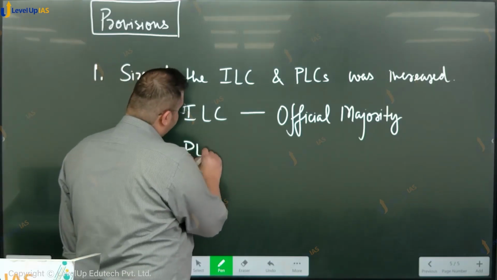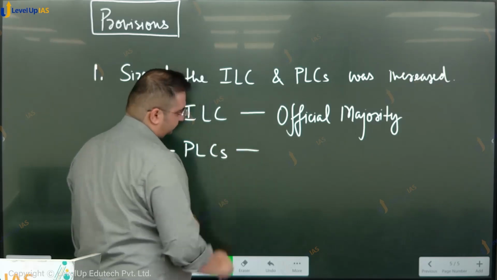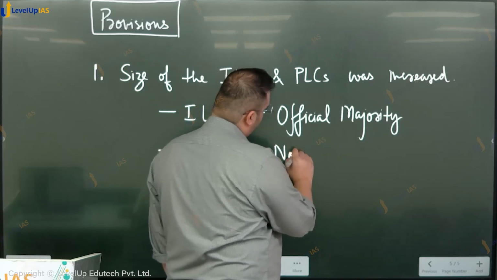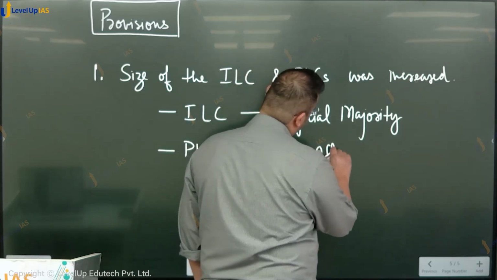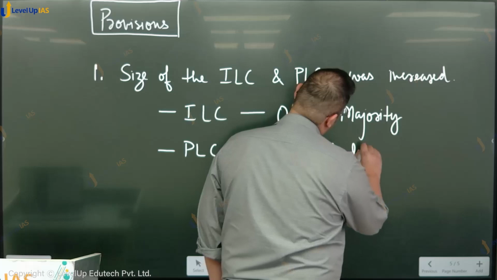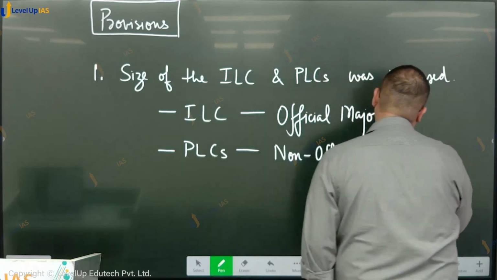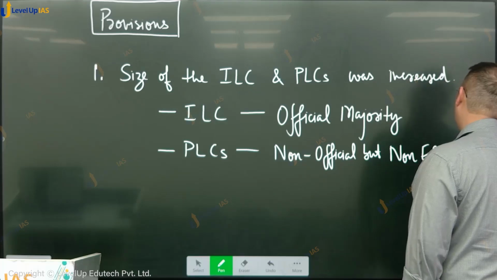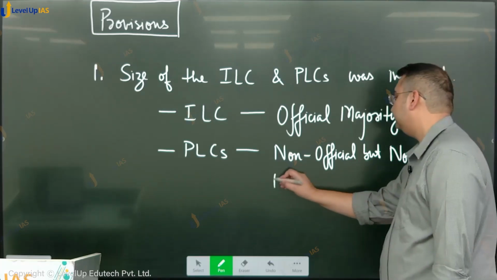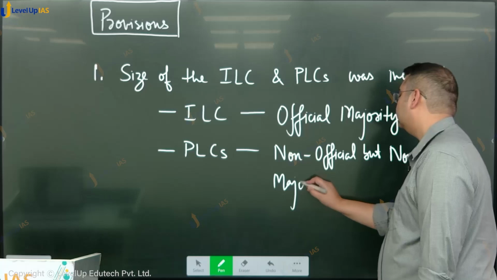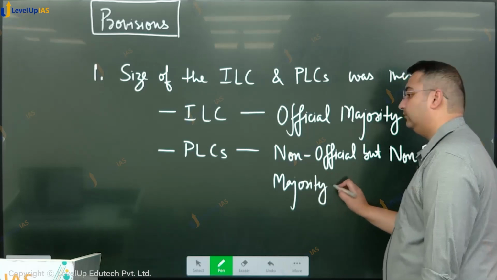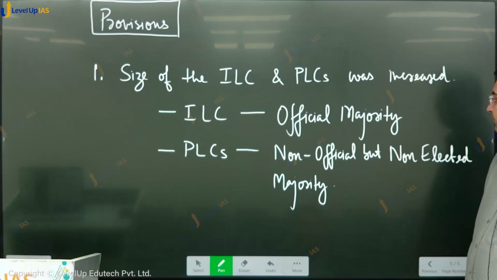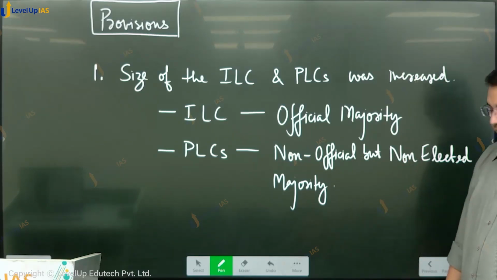The provincial legislative councils were to have a non-official but non-elected majority. Provincial legislative councils were to have a non-official but non-elected majority.